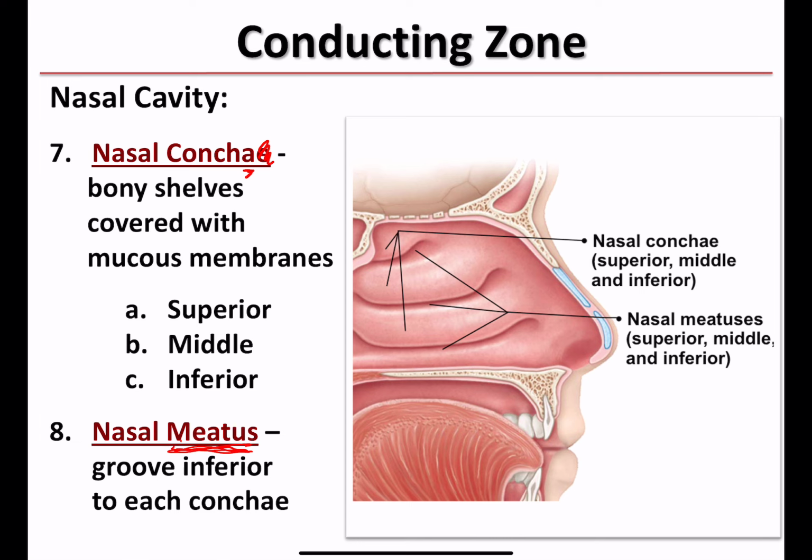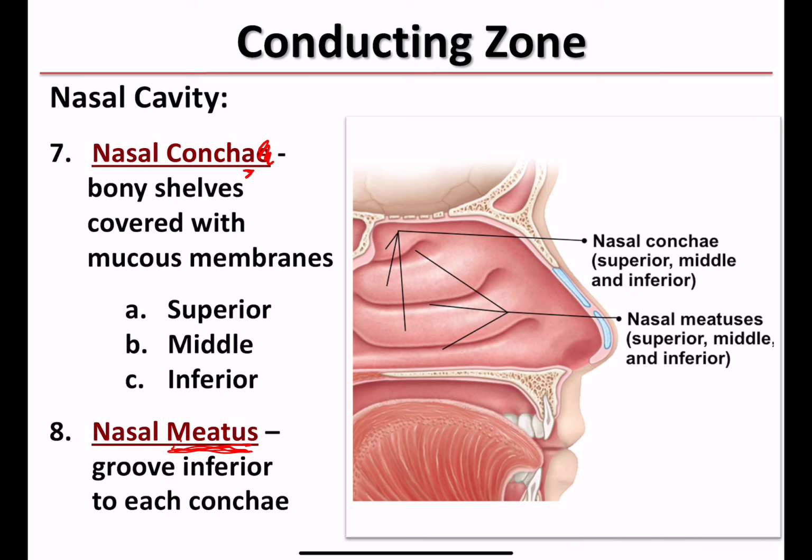What happens is as the air is sucked in through the nasal cavity as we inhale, the air basically spirals through these grooves, these nasal meatuses, and that sends the particulate matter flying in different directions, so it ultimately sticks to the mucus on the surface of the mucosa.